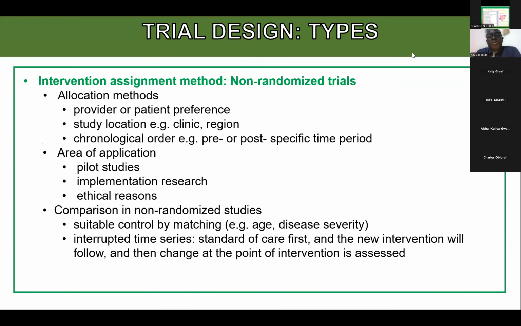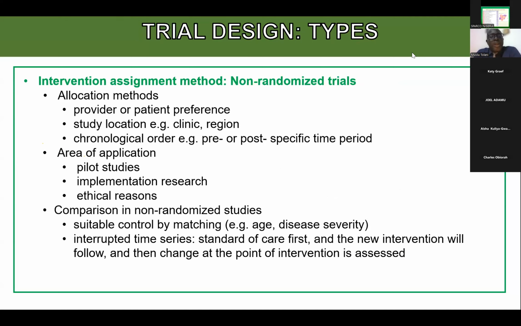Based on assignment method, the other type is a non-randomized trial, not so common, but allocation could be based on preferences of either patients or providers, or based on study location. It could just be based on looking at the chronological order and comparing pre-post. Really, this type of trial is what is used in most feasibility studies and implementation trials.